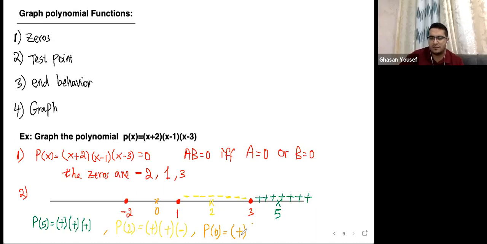What is the sign? Negative, right? Yes, okay. 0 minus 3, again, is negative. So positive times negative is negative. Negative times negative is positive. So the sign here should be positive. Any question? Please ask.